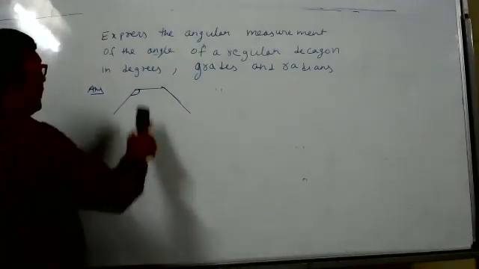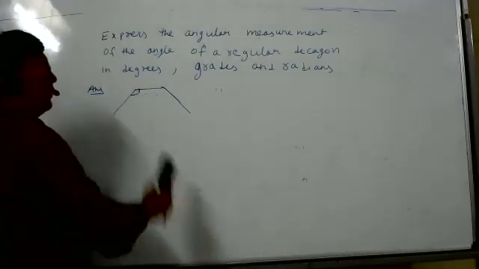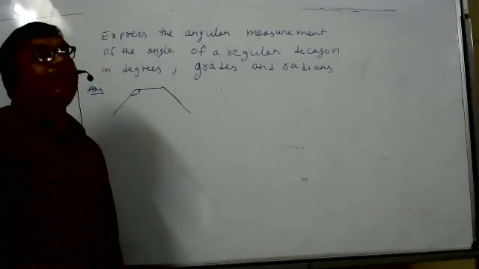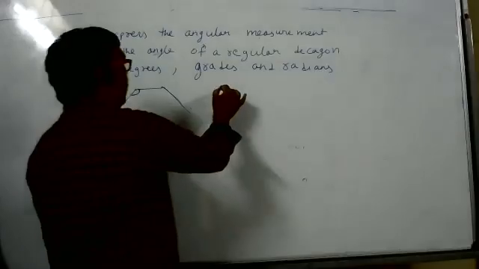So how to find this angle? Anybody knows the formula? Even these formulas are from lower classes, not in 11th standard. Tell me the sum of all the angles formula. Anybody knows?